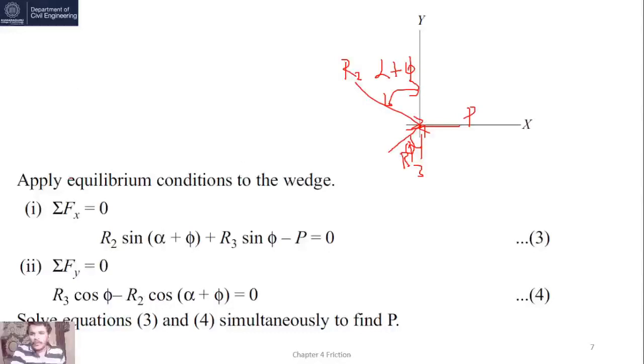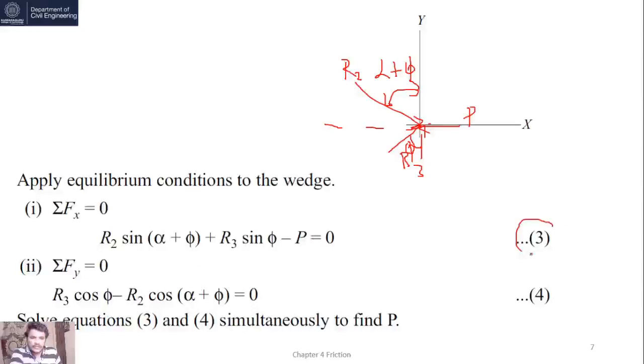Now I am going to apply the equilibrium conditions to this force problem. Summation of Fx equal to 0. So I am resolving the forces in the horizontal direction. So R2 sin alpha plus phi, you are resolving towards horizontal. Similarly, you are resolving this plus R3 sin phi minus P. So P is towards the left hand side, this is minus, these two are positive, which is equal to 0.